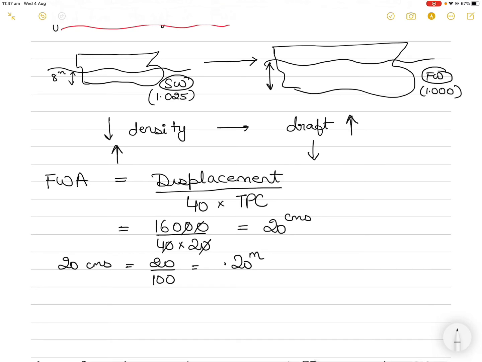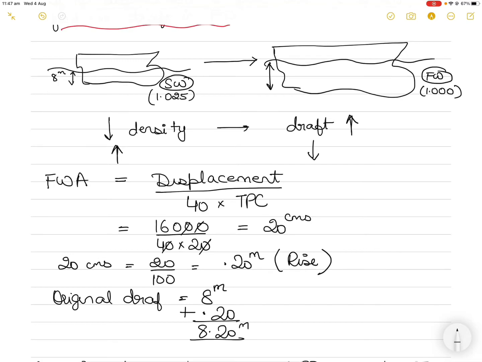So this will be like a rise of the vessel. So original draft given to you in the question is 8 meters. Then you add the rise to it, and the new draft becomes 8.20 meters. This is the draft in fresh water.